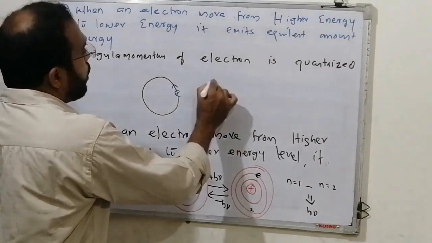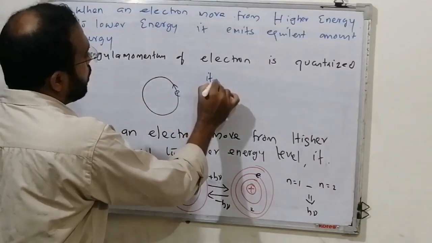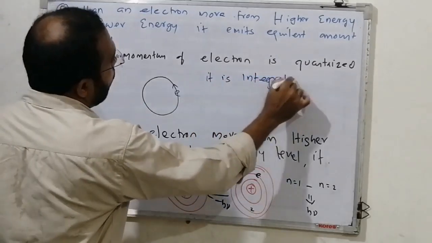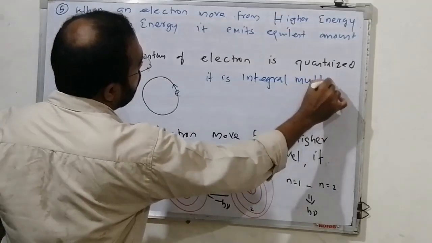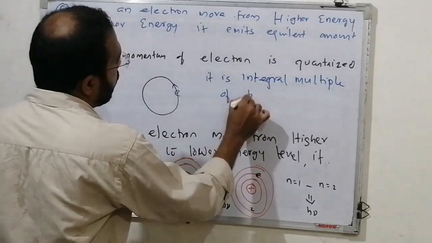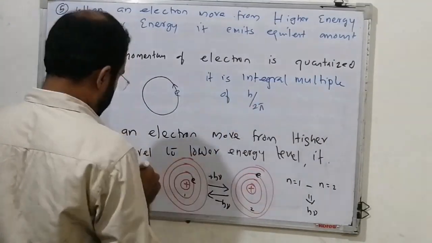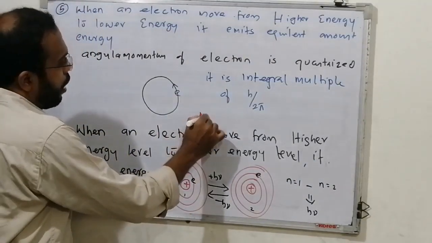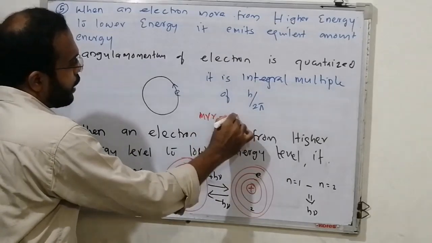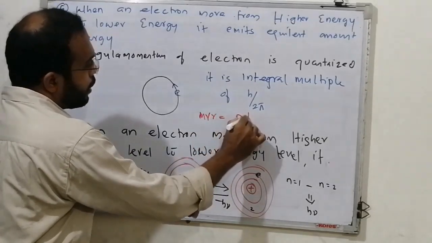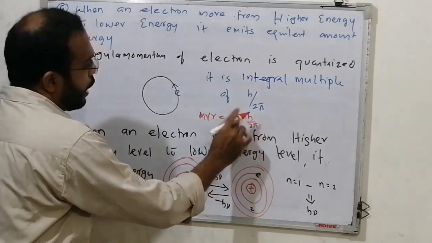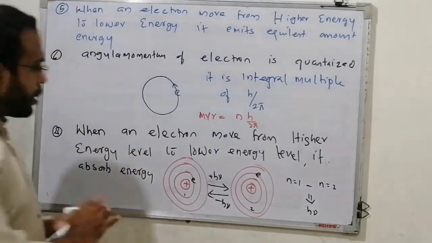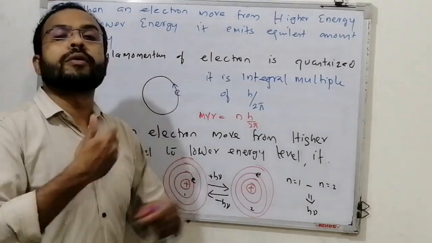And angular momentum is an integral multiple of h by 2 pi. What is angular momentum? mvr is equal to an integral multiple of h by 2 pi, that is nh by 2 pi, where n is equal to 1, 2, 3. Therefore, when it moves from here to here, angular momentum increases.